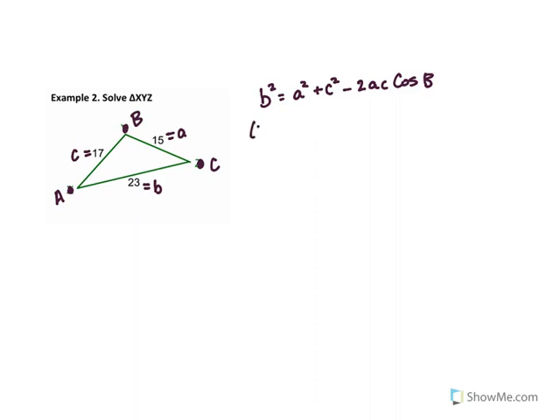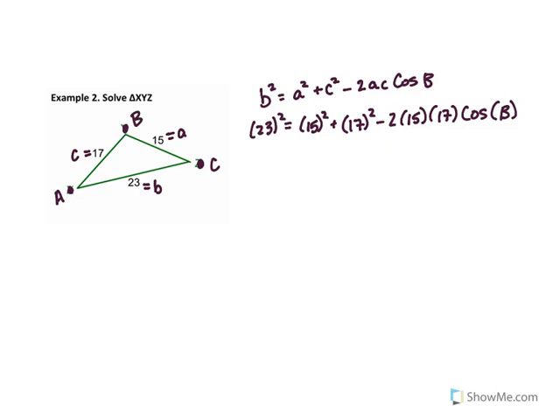So we've got B is 23 equals A is 15 plus C is 17 minus 2 times A times C times the cosine of, and we don't know B. We're trying to find that out. So let's go ahead and put those in our calculator.